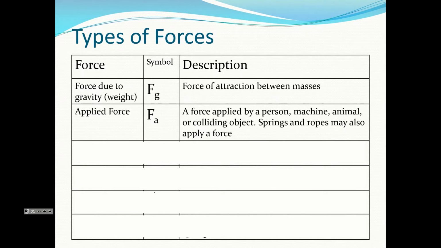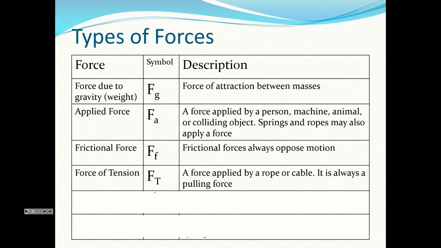Springs and ropes can also apply a force. There's frictional force, which always opposes your motion. Force of tension is the same thing as force applied, but only as a rope. The main difference is ropes can only pull, you can't push, but with force applied you can push or pull.